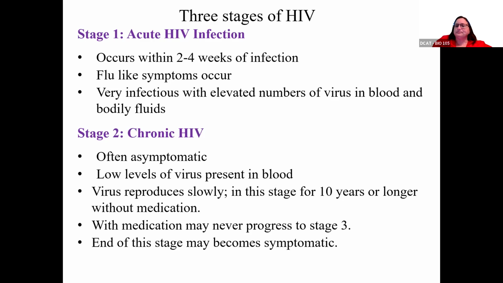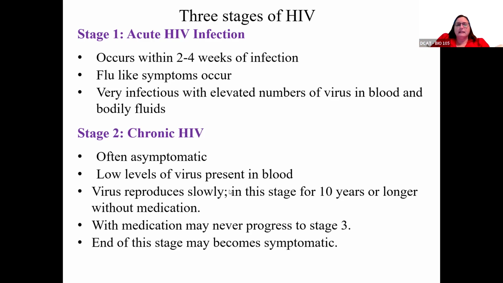And remember, this is going to vary from person to person, okay? Because everybody's different. Now, with medication, if they are taking antiretroviral medications for HIV, then they may be able to stay in this stage forever, okay? And never progress to stage 3, which is AIDS.